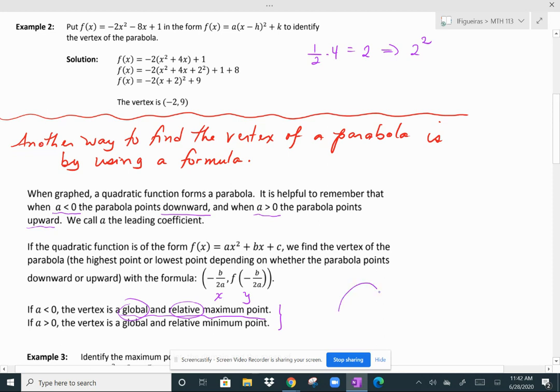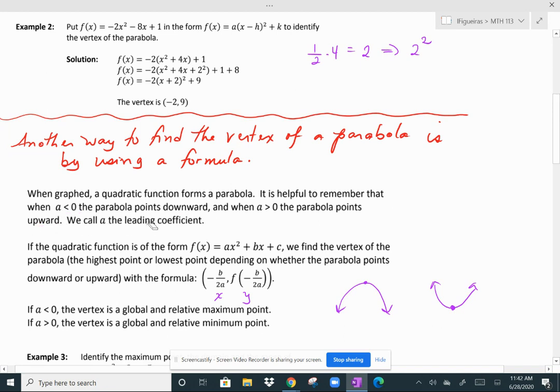And that's because it would be an upside down U, so the vertex would be the highest value overall. So that's why it would be considered a maximum. And if your a is positive, meaning it's an upward facing U, something like this, then your vertex is going to be a global and a relative minimum. So there will be nothing smaller than that vertex value on your graph.